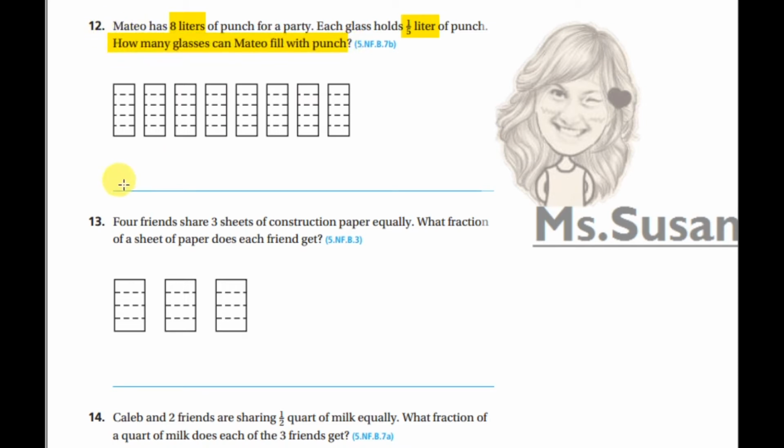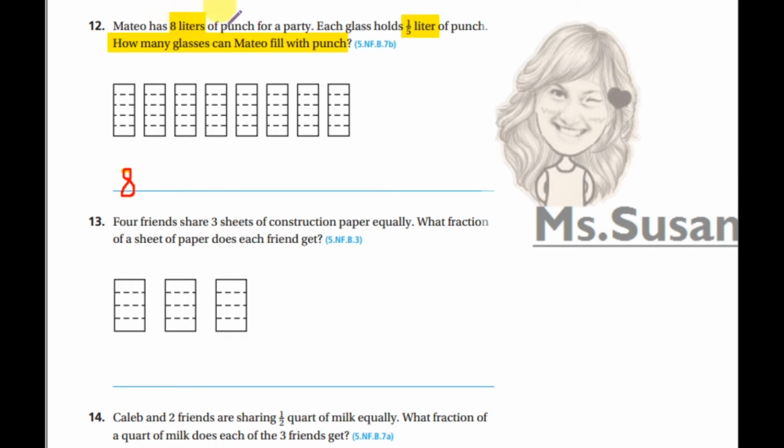So how many glasses or how many parts in all? So we can count the parts. 1, 2, 3, 4, 5, 6, 7, 8, 9, 10, 11, and so on. Or we can easily make the calculation. So the first number is 8. That's the whole number.